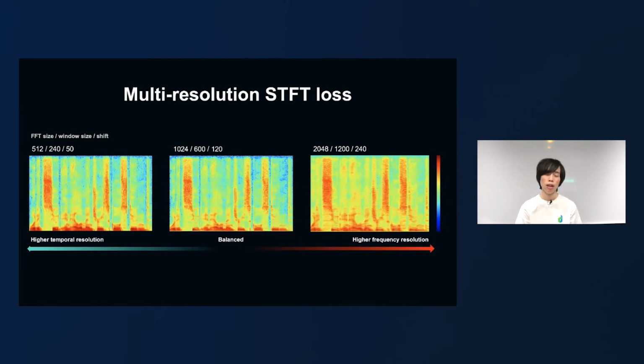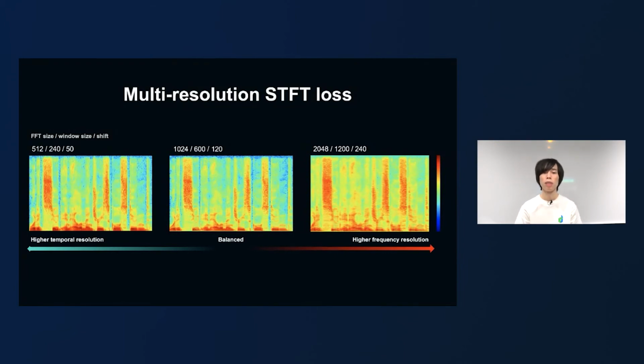In fact, there is a trade-off between time resolution and frequency resolution in the time-frequency representation based on STFT. For example, if you try to increase time resolution, as shown on the left, the frequency resolution will become rough. If you try to increase the frequency resolution, as shown on the right, the time resolution will become rough.